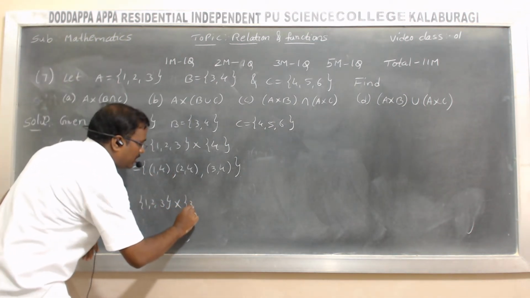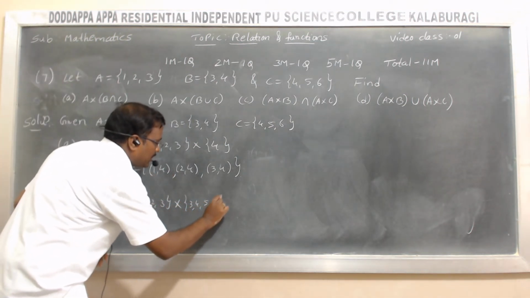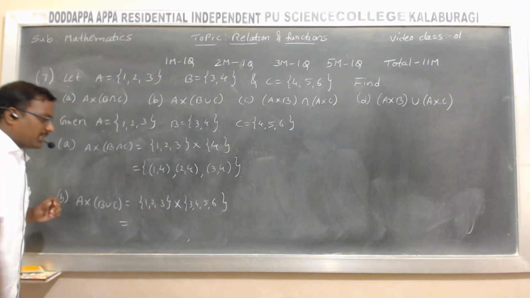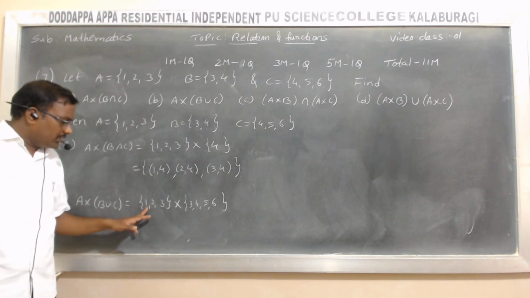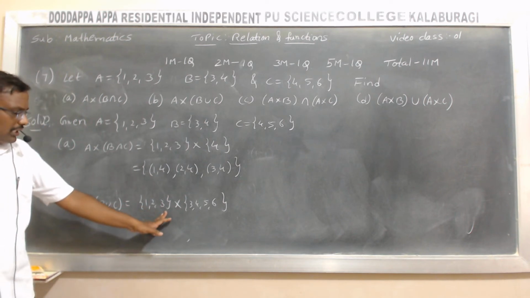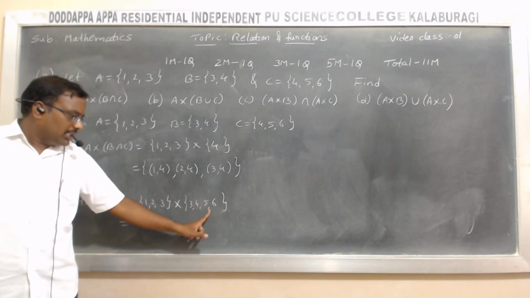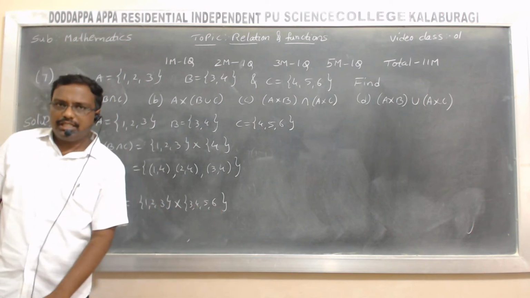So we get {3, 4, 5, 6}, which is B union C. Now as usual, here the first element is 1, second is 2, third is 3. Here the first element is 3, second is 4, third is 5, fourth is 6.